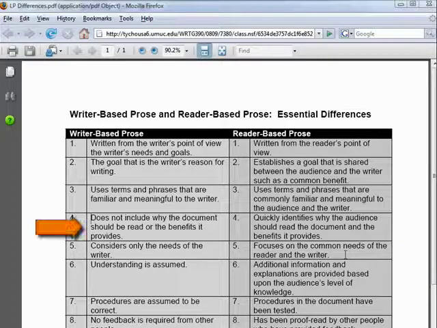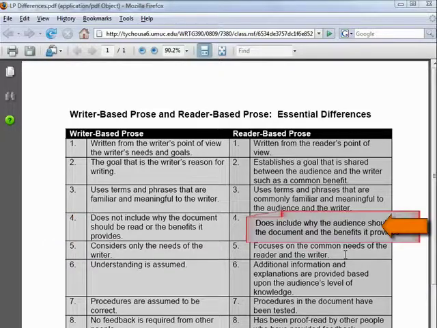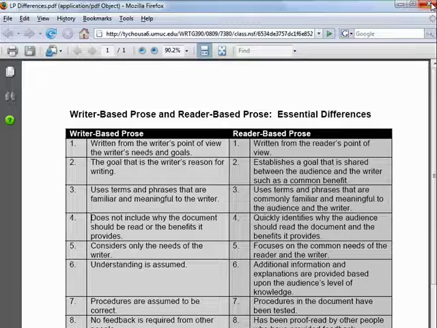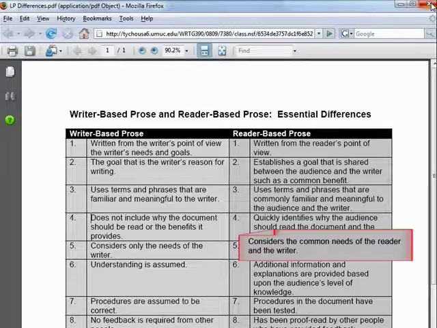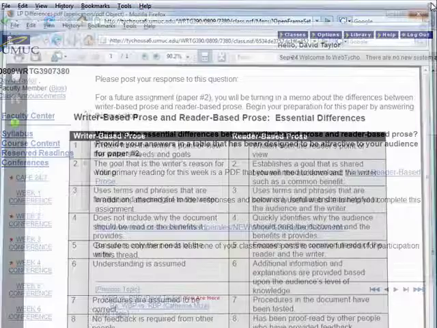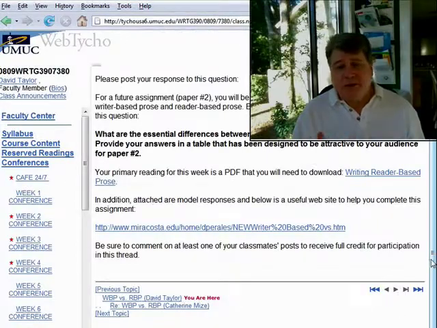If this one reads, does not include why the document should be read, this one should be, does include why the document should be read by the audience. Look at number 5. Considers only the needs of the writer. This one should be, considers the common needs of the reader and the writer. You see how those must be parallel. Doesn't matter which one they're parallel to. They just both have to be the same.